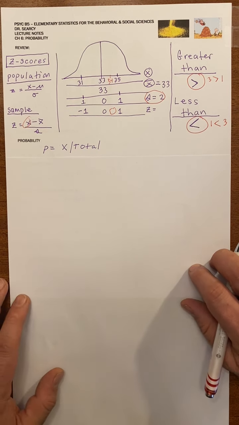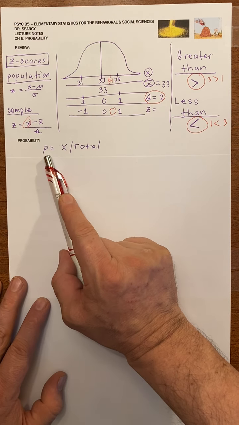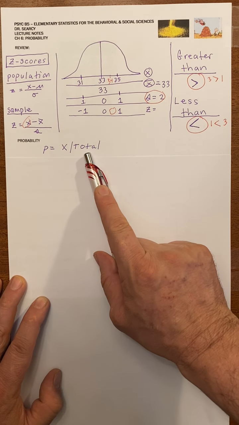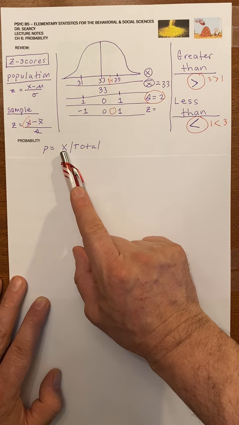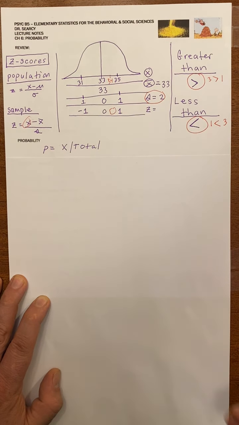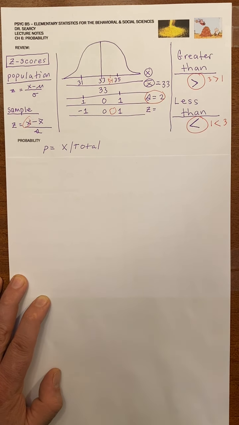We're talking about probability being represented by P, and we can acquire that value by a specific equation. The equation is where we pick some x value, some random number, and we divide it by the total of the collection of numbers that that value came from.